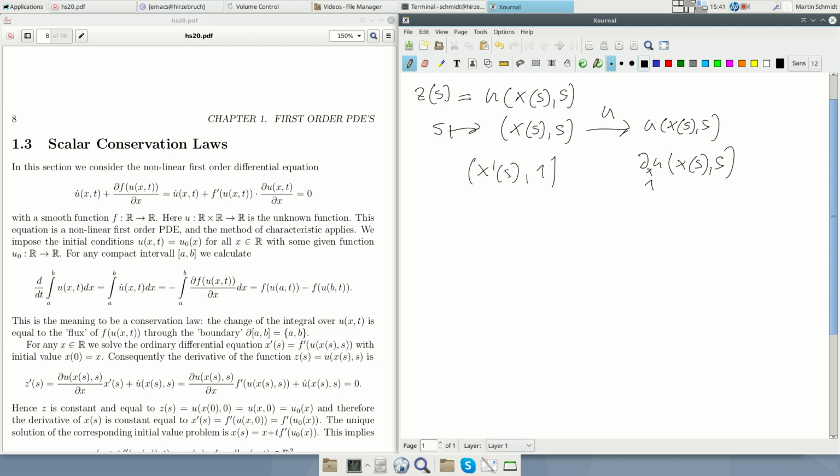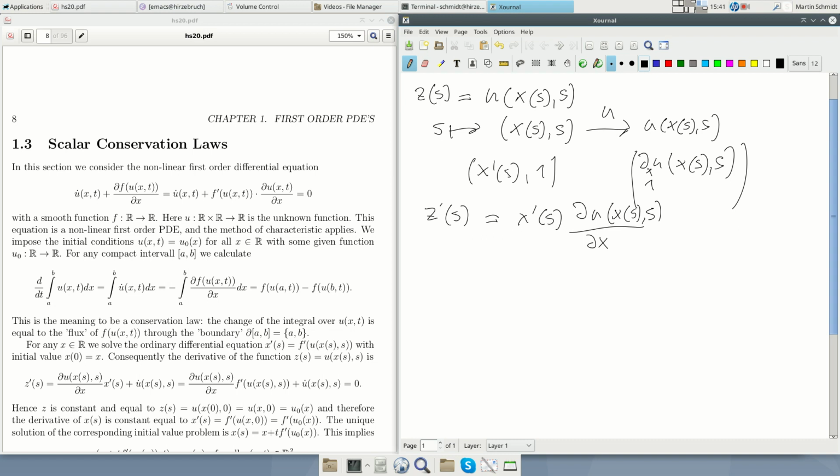So if we now calculate the derivative of the composition, this is a vector here, and then we obtain this times this. So this is equal to x prime of s times du of x of s comma s by dx.